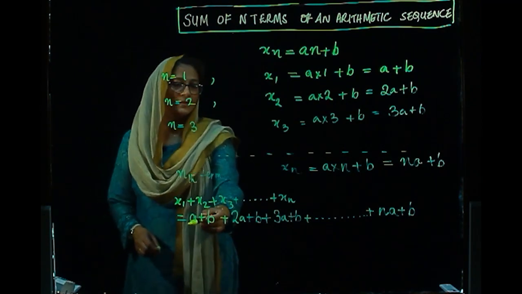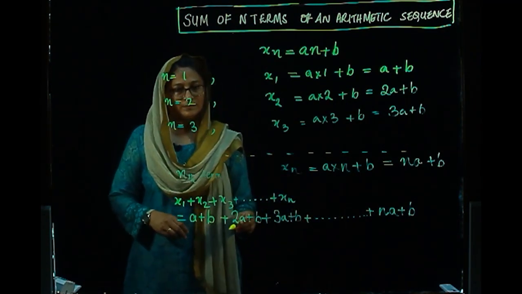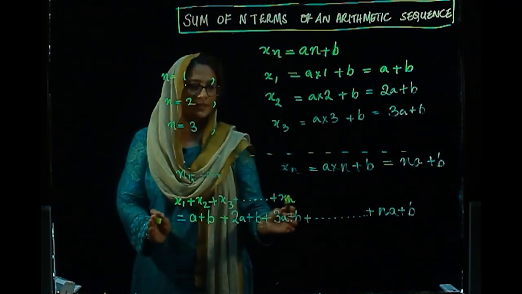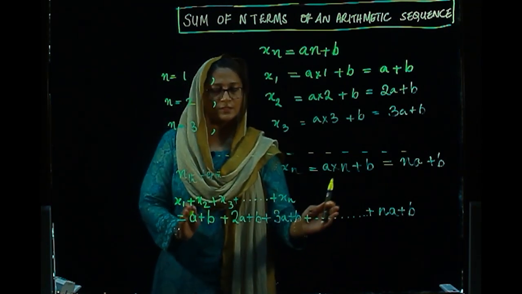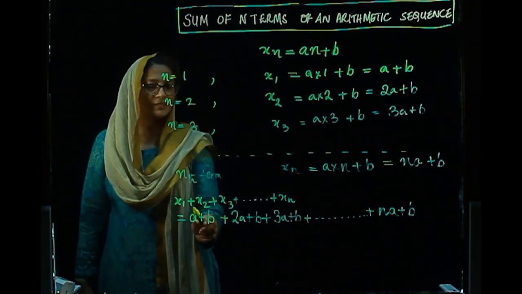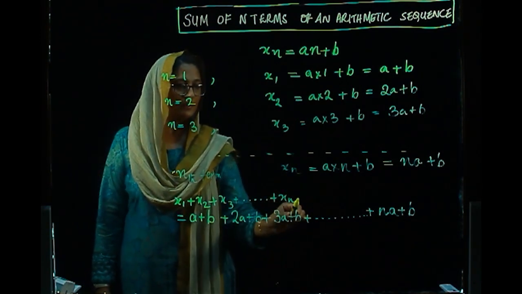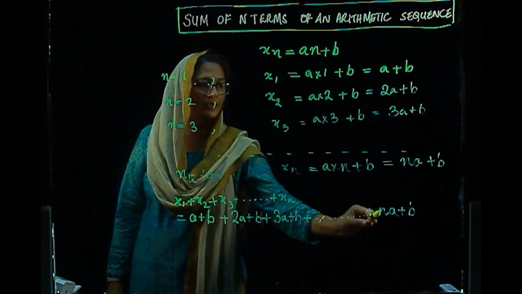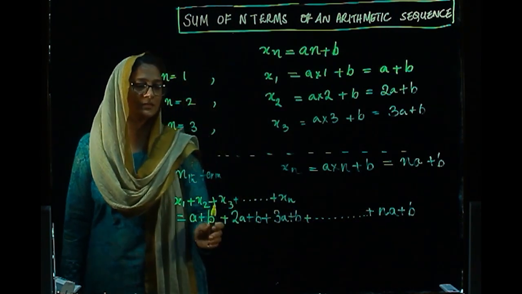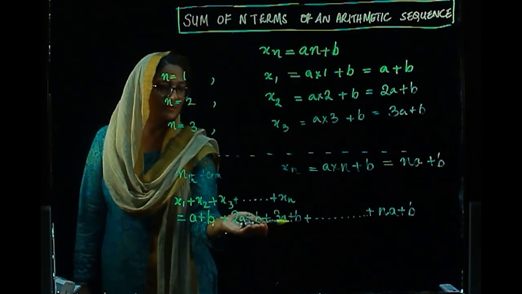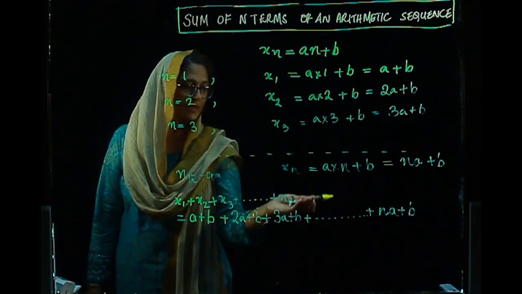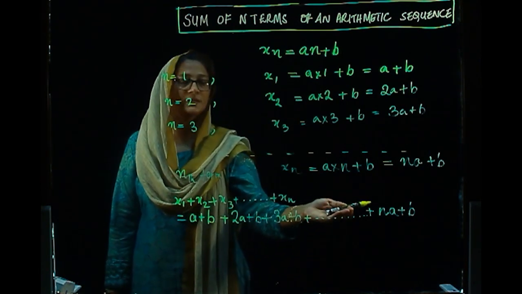Now look at the expression that we have written. We can split that into two separate parts. We have a section where we have a and 2a and 3a, 4a, etc., up to na. And the other section has all b. See, b here and b here and b here. In each term there is a b.